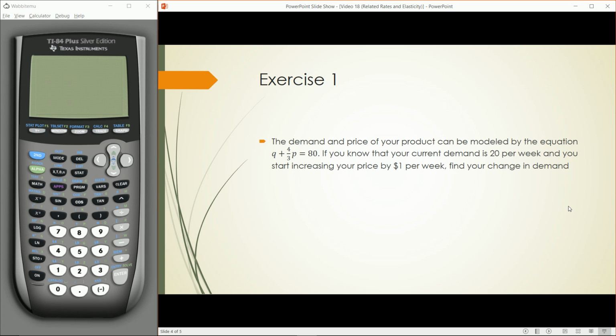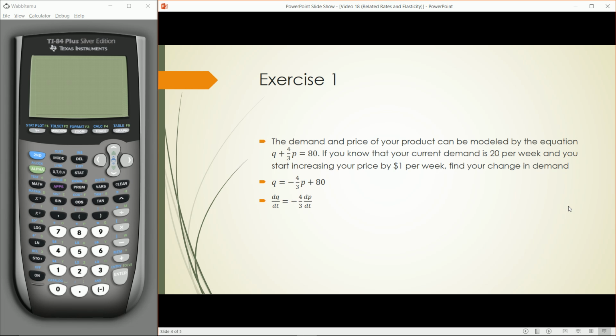All right, hopefully you've tried that out. The very first thing you should probably do is put it into standard form, so we want quantity as a function of price. Next, take the derivative, and then we're multiplying it by dp over dt, so we get this equation here.